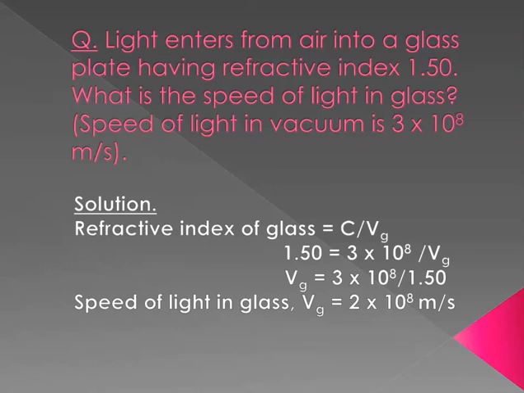So speed of light in glass Vg is equal to 3 into 10 to the power 8 divided by 1.50. 1.50 into 2 is equal to 3. So here speed of light in glass, that is Vg, is equal to 2 into 10 to the power 8 meter per second.